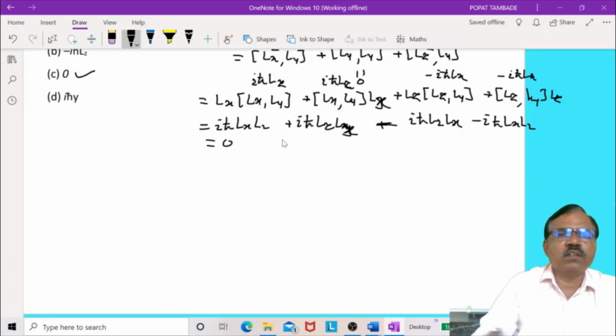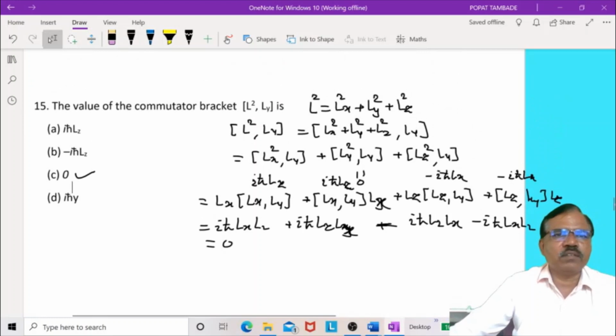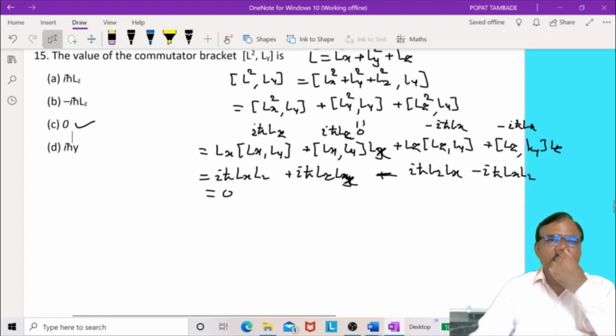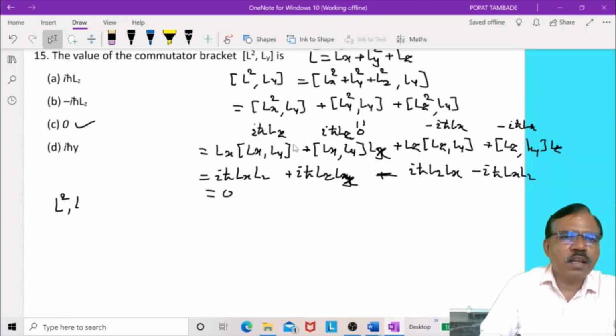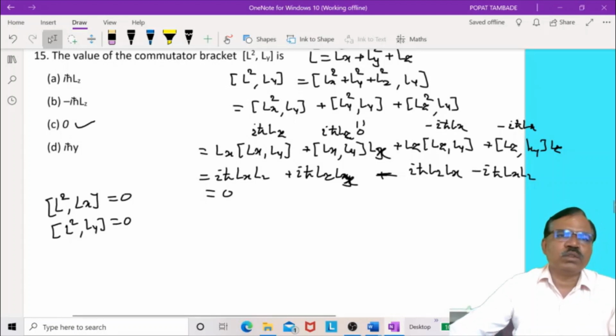So this third one is correct. Third one is correct. Similarly, we have [L², Lx] is also equal to 0. [L², Ly] is also equal to 0.